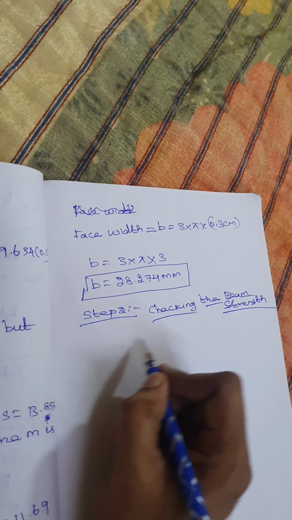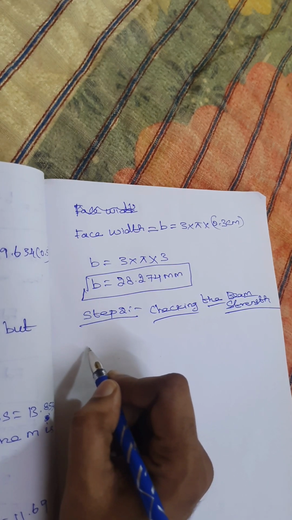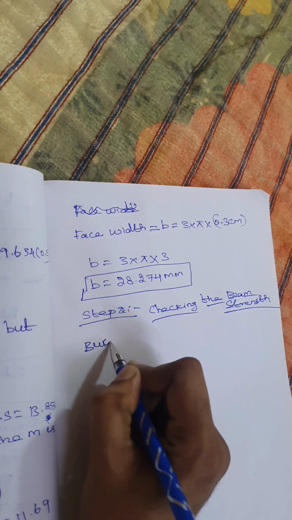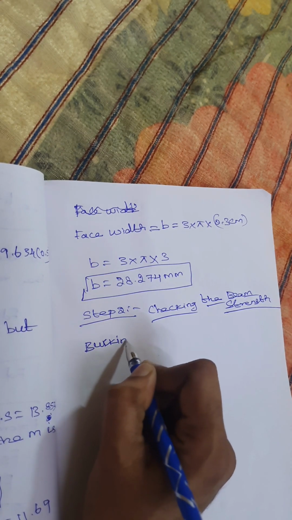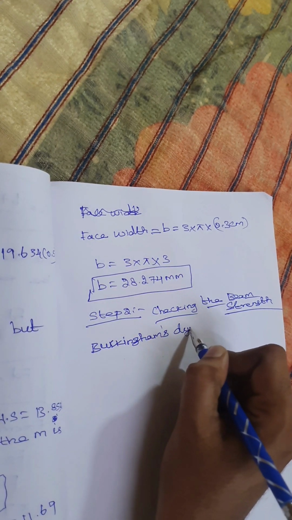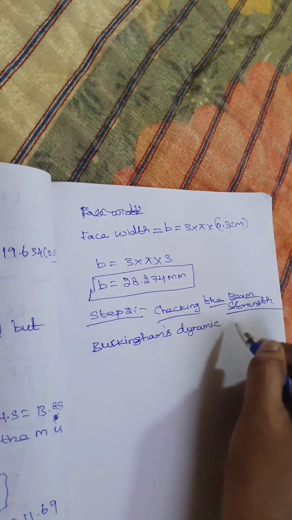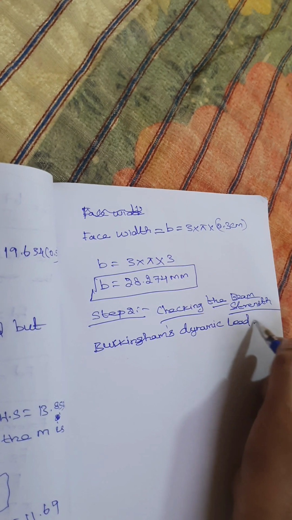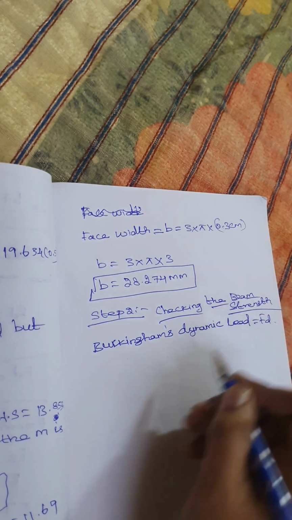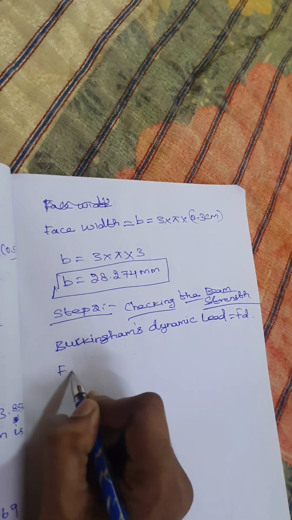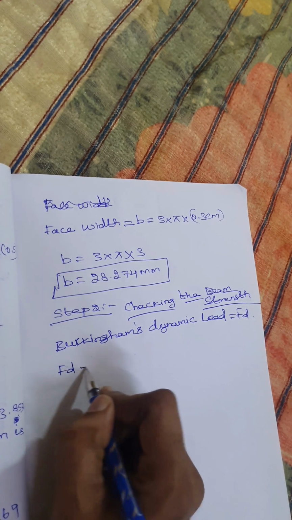To calculate that we have to use Buckingham's dynamic load formula, that is nothing but F_d. This formula is also given in the data book.